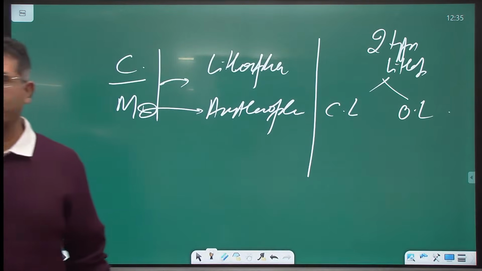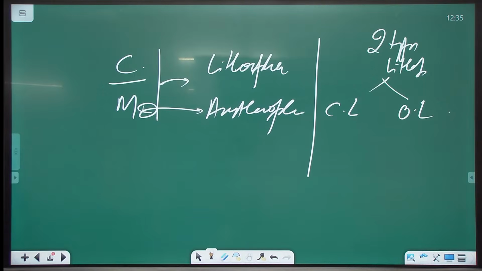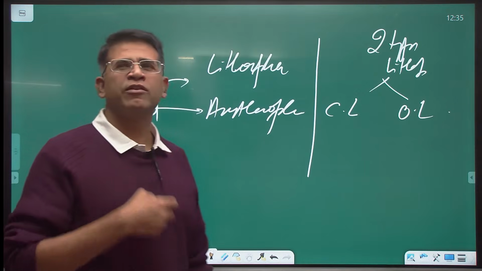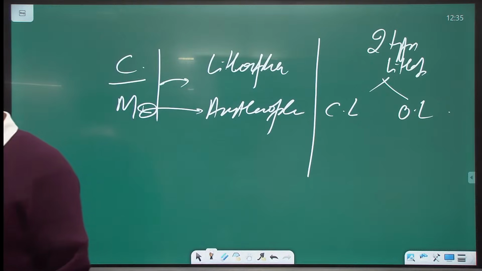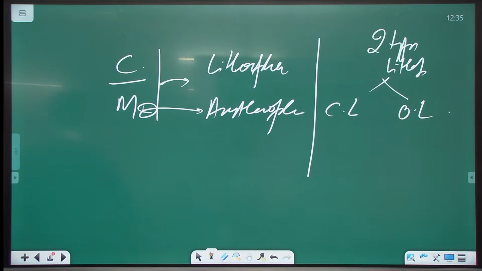We have the continental lithosphere and we have the ocean lithosphere. Write down next point, लिखो आप. Bullets में, next point. Just as the crusts vary, so also there are two types of lithosphere.